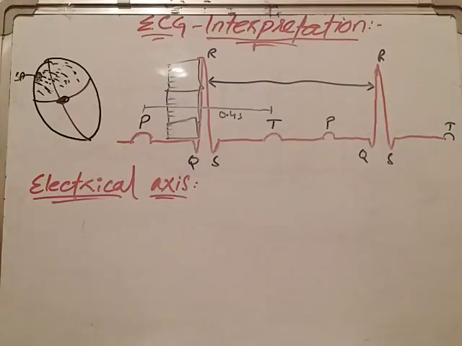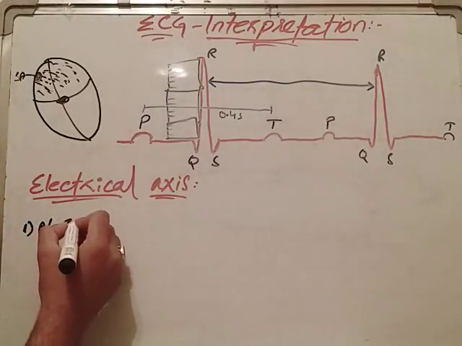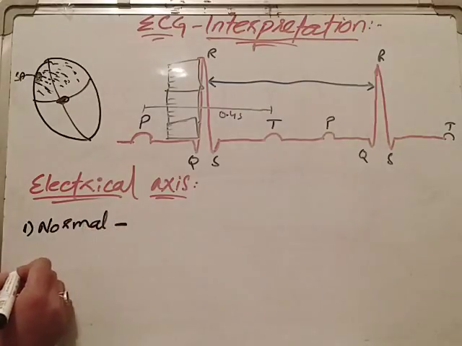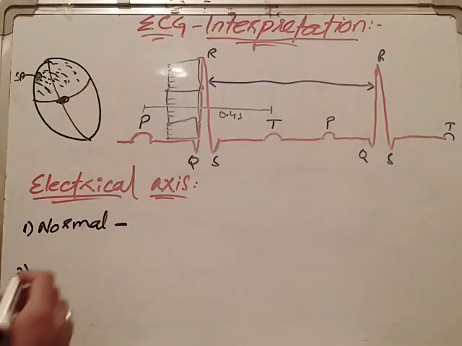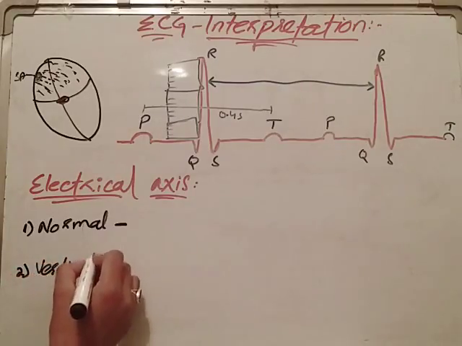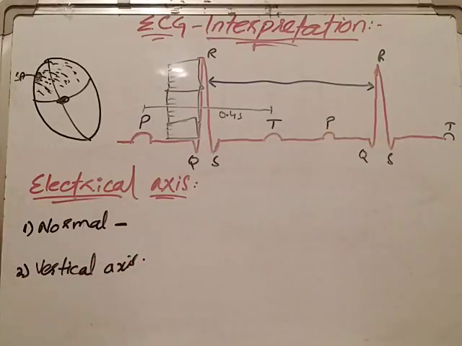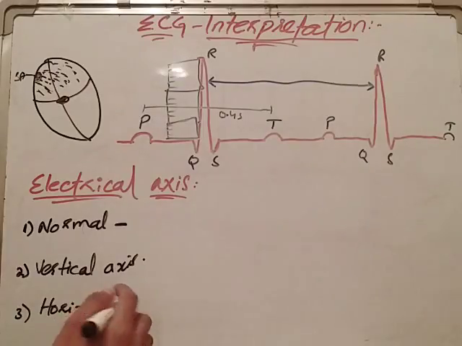If the person is asthenic, then it would be a vertical axis. And the third one is the horizontal axis.